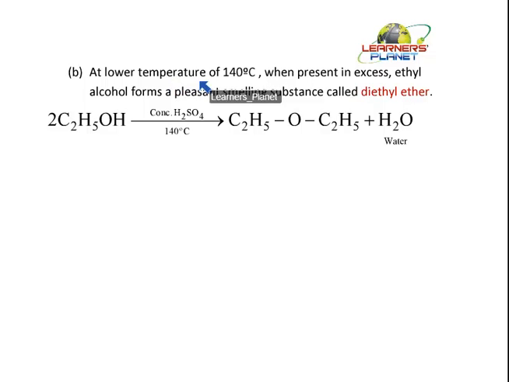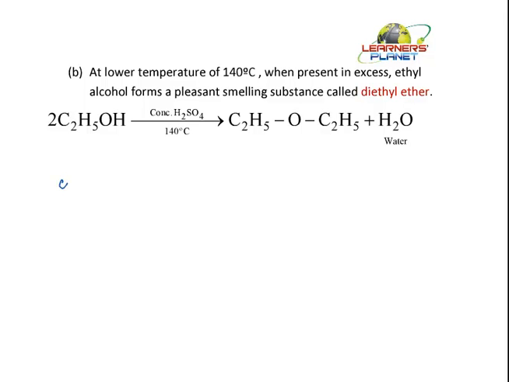Now at lower temperature of 140 degrees centigrade, when ethyl alcohol is present in excess, it forms a pleasant smelling substance called diethyl ether. That is, when ethyl alcohol is present in excess, it forms what? Diethyl ether. So I'll write it here because the statement is not very clear.